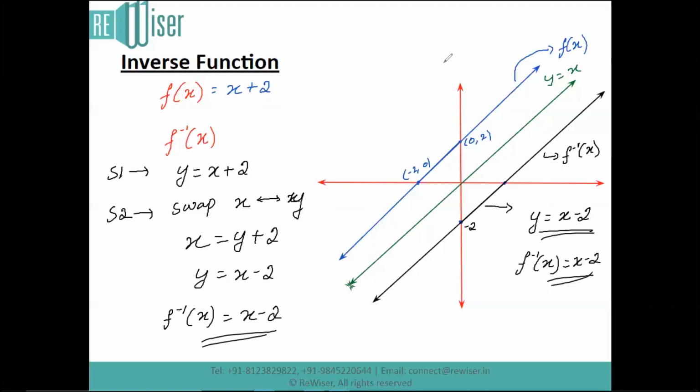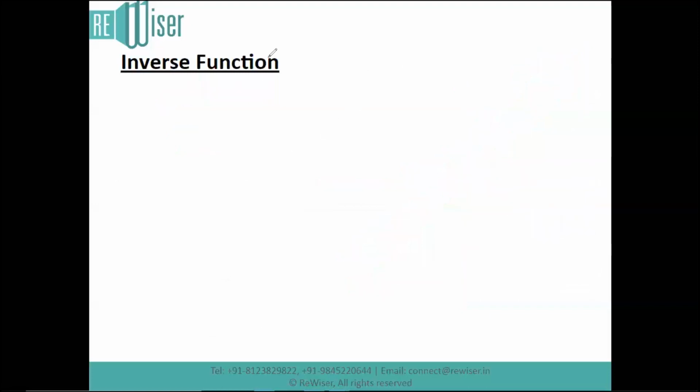If I take one more example, let's say f of x is equals to x plus 2 over x. Step one is to replace f of x with y, so y equals x plus 2 over x.